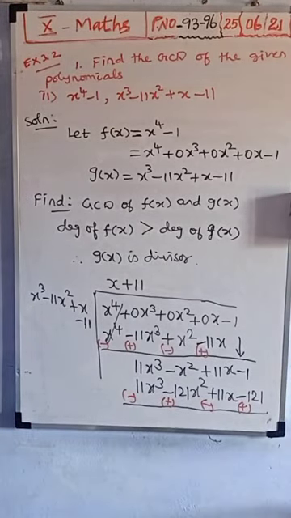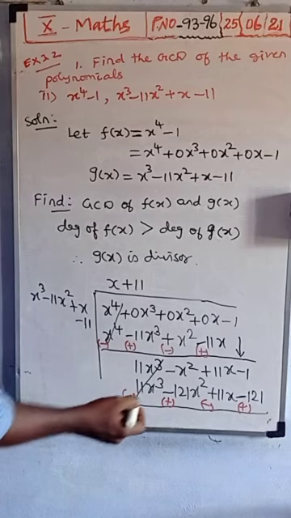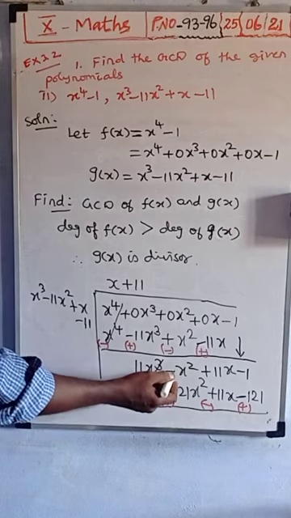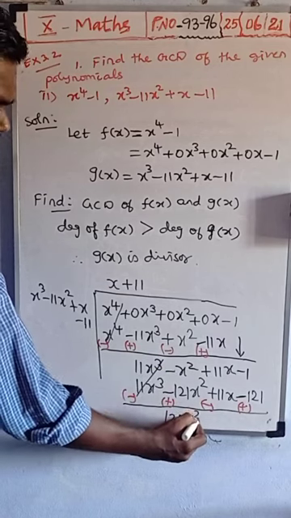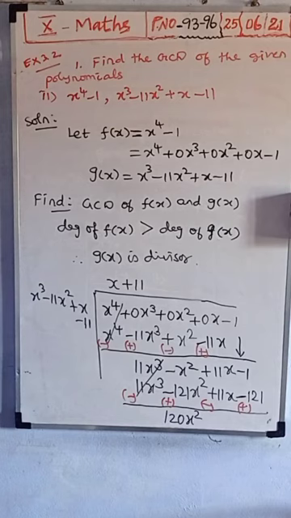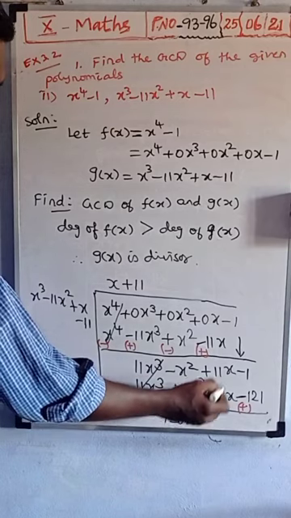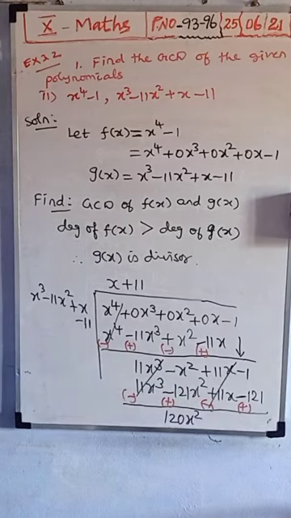Now this first term usually gets cancelled. Now minus 121 changes into plus 121. So 121x squared plus 121x squared, 1x squared it goes, 120x squared. Next, plus 11x minus 11x, this term also gets cancelled.